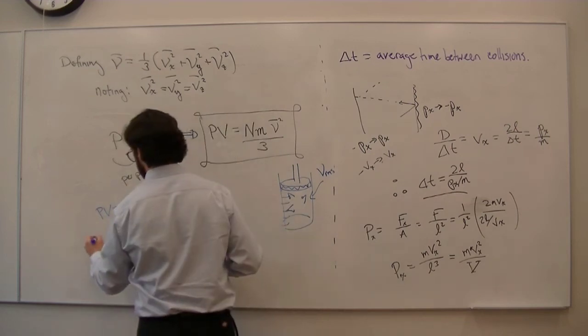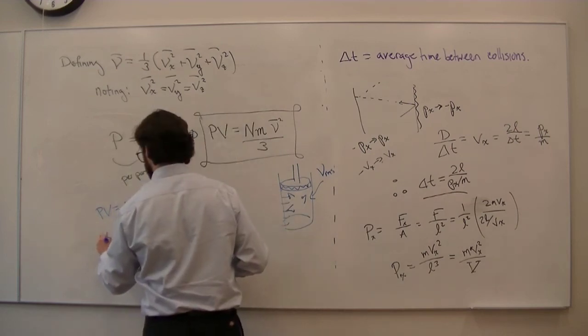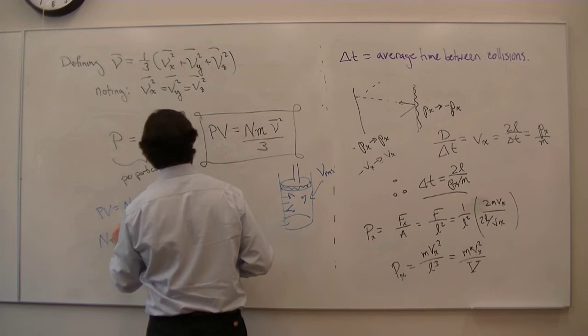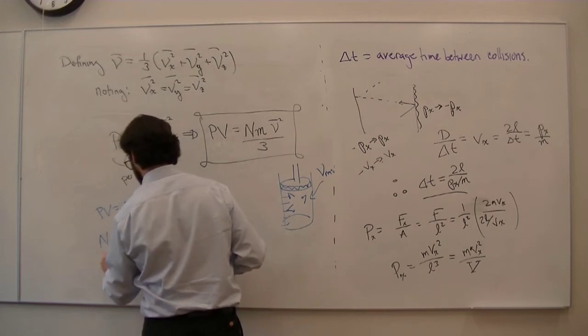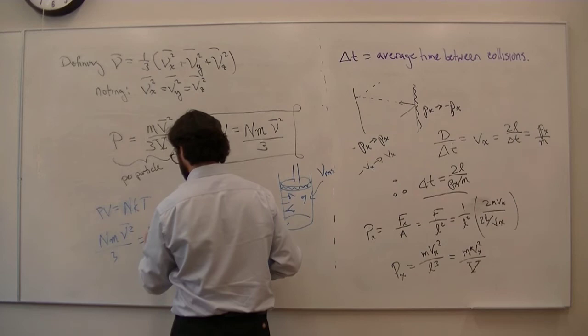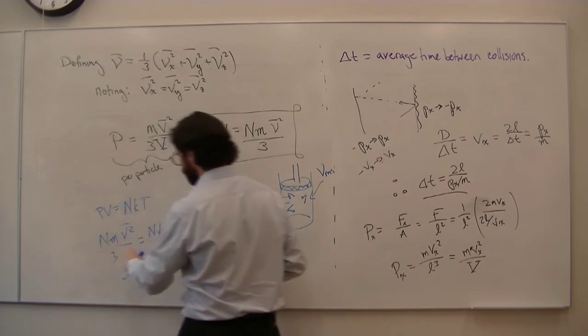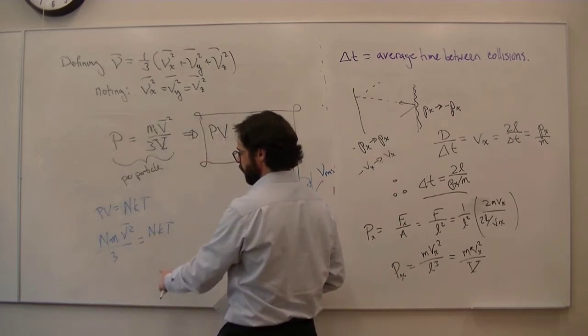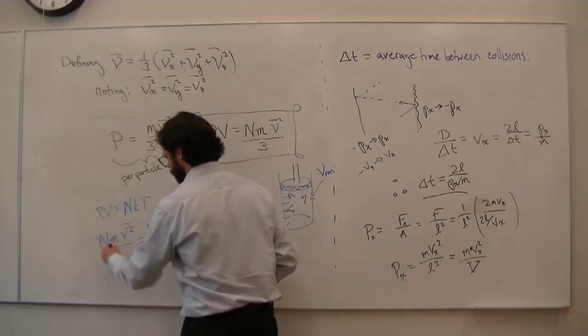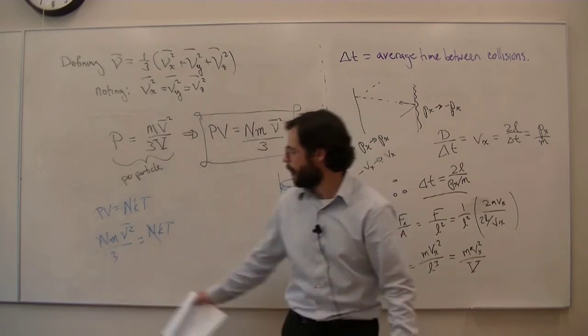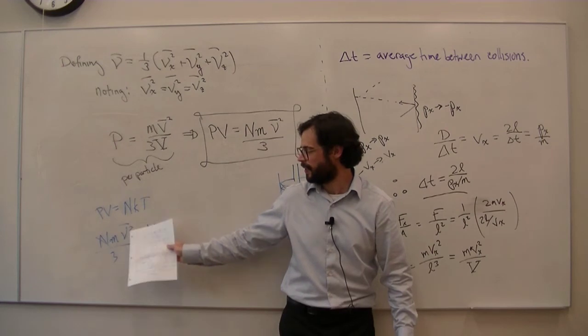So what that tells me is Nm mean v squared over 3 is NkT. And I'm going to express this in a way that maybe you've already noticed. So let's get rid of the N's. Forget about the other adornment, the average.